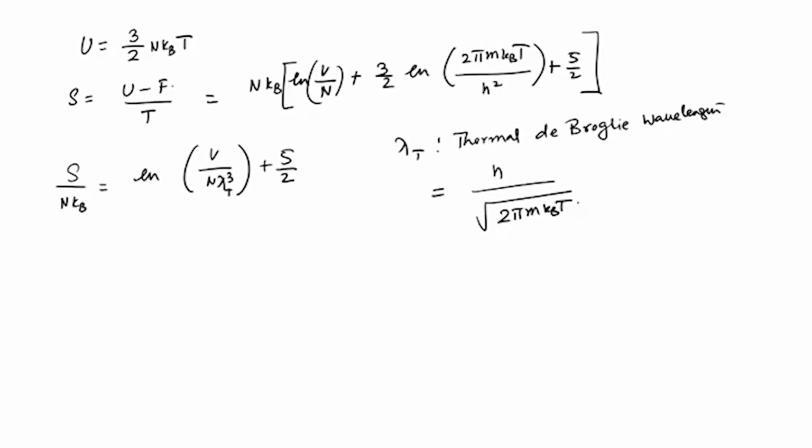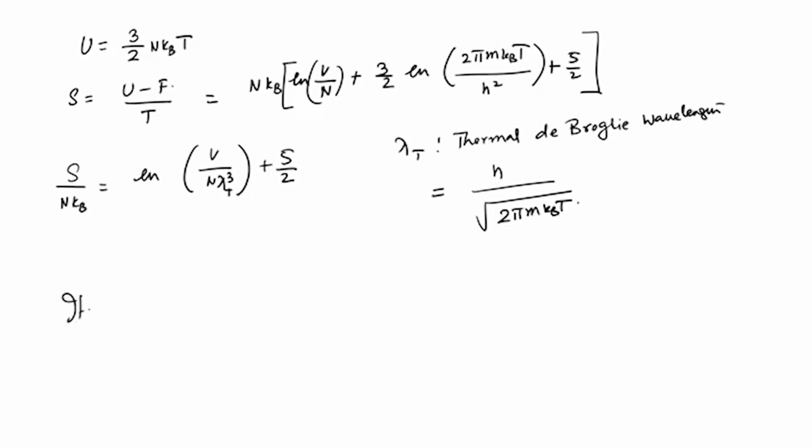Okay. And here you can see that the extensiveness is maintained, that is, if you increase N, V and E by a certain factor, the entropy gets multiplied by that factor as well. Okay. So, even though we are doing it on a classical ideal gas, this correct counting is being introduced.